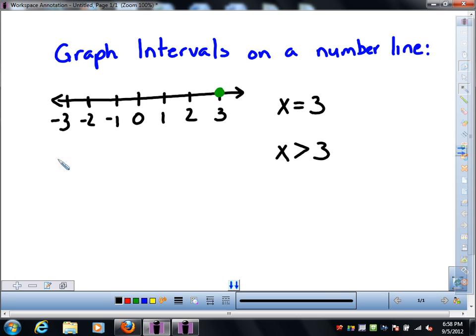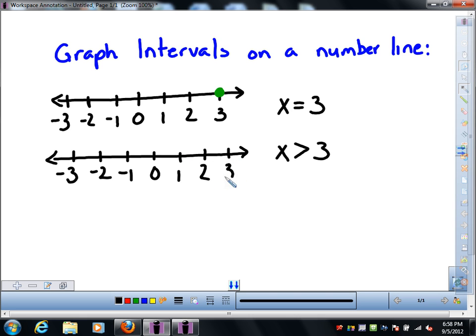That number line would set up very much the same. We'd still put our integers down that we typically do, -3, -2, -1, 0, 1, 2, and 3. But now if we wanted all those numbers that are greater than 3, we now look at not including the number 3, so we use what's called an open circle to represent that, as opposed to the equal to 3 that we did in the above graph.